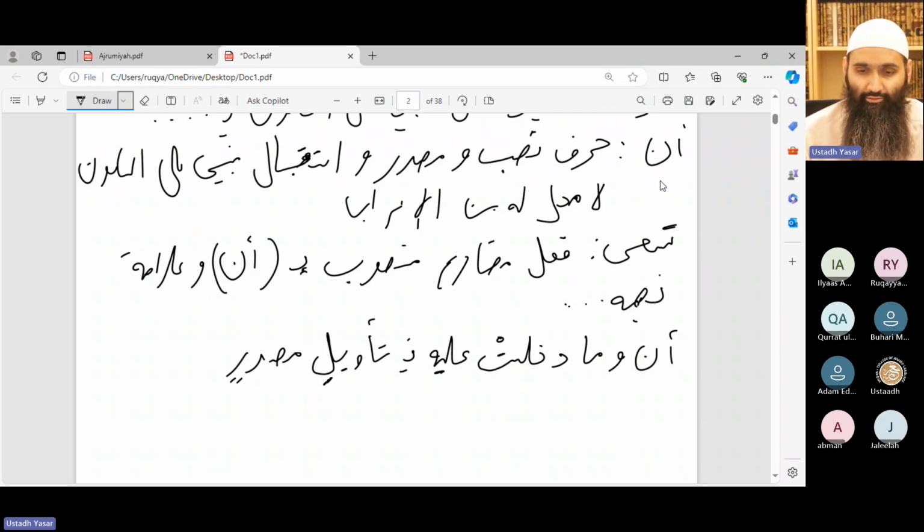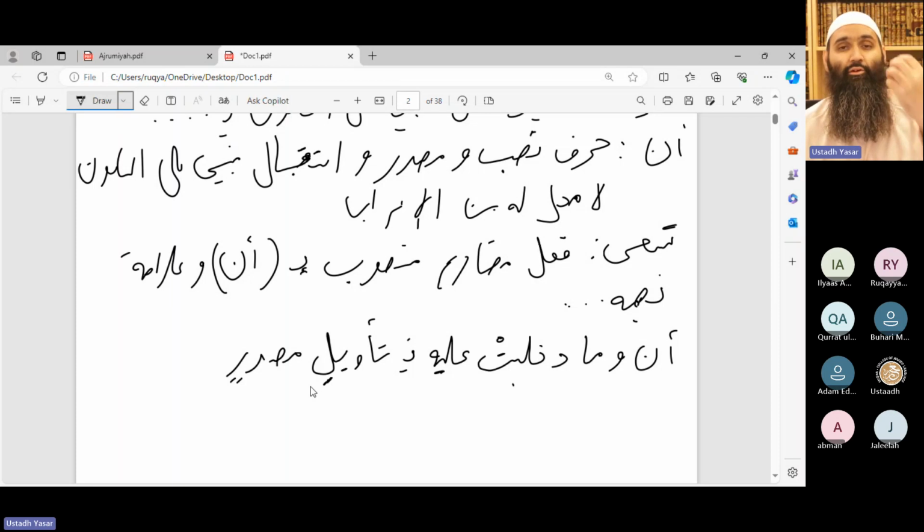Remember we're doing an tas'a. An wama dakhalat alayhi. An and what comes after it, what has entered upon it, meaning tas'a. What has entered upon an? It is tas'a. An and what has entered upon it, meaning tas'a, fi ta'wili masdarin. They are in the interpretation of a masdar.